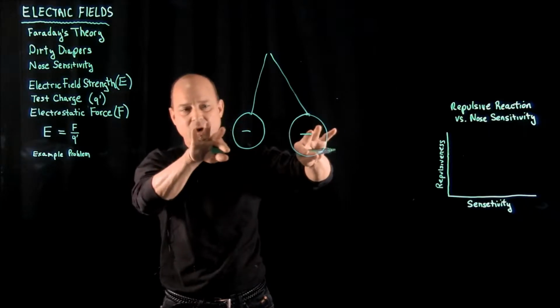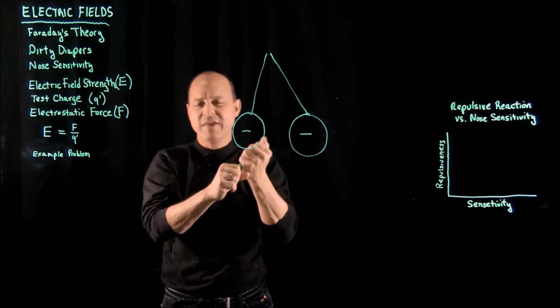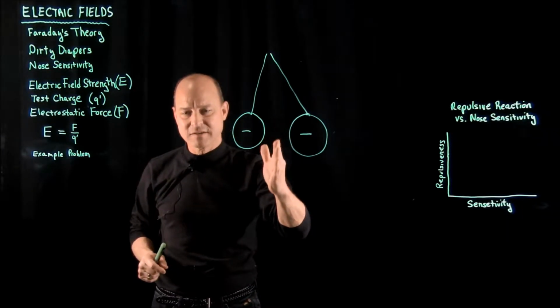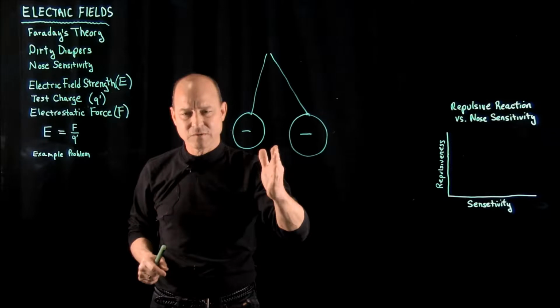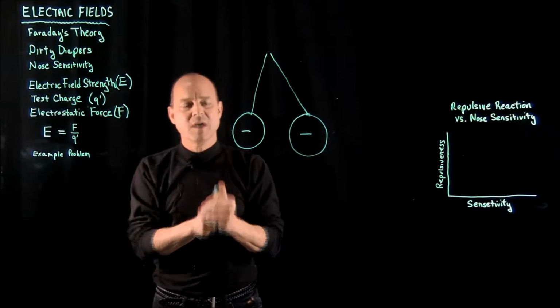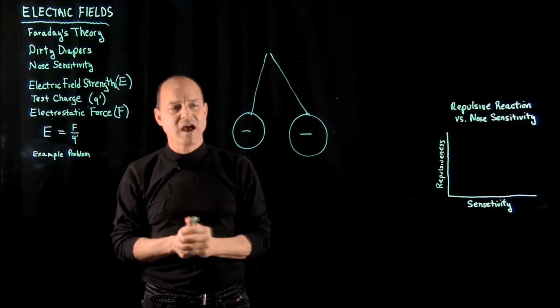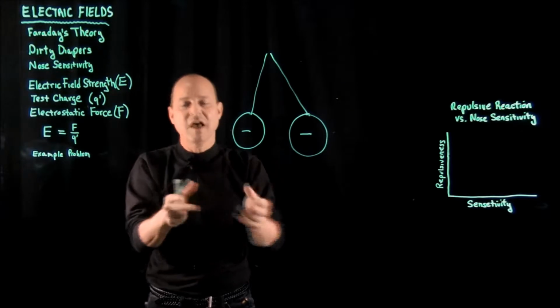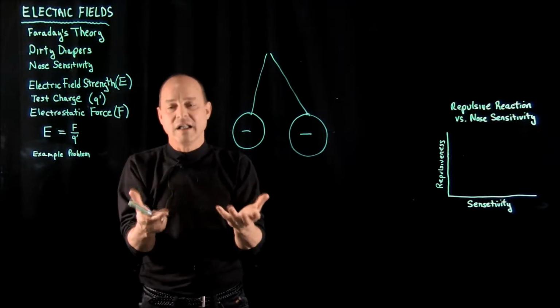They actually spread apart because of the repulsive charges. And then I did a cool thing. I put my hand in the space between the two balloons. And what happened? The balloons actually collapsed because I changed that field space. I changed the space between the balloons, demonstrating an electric field.